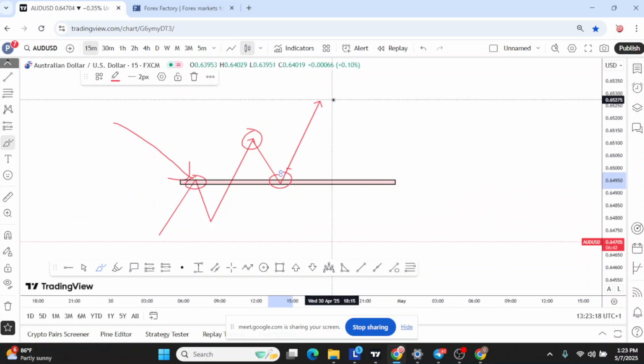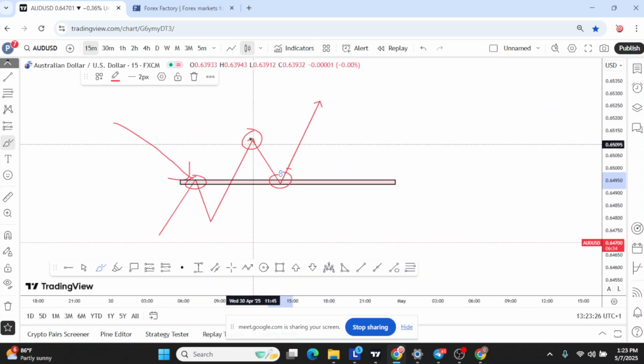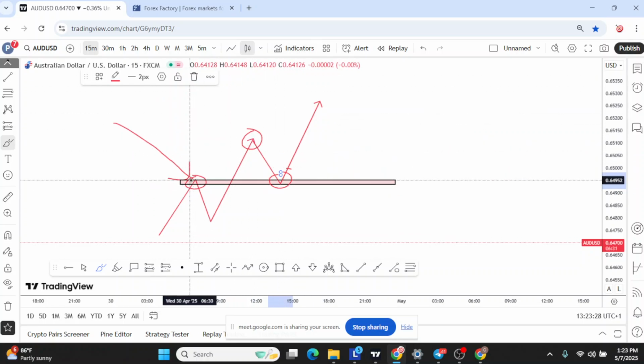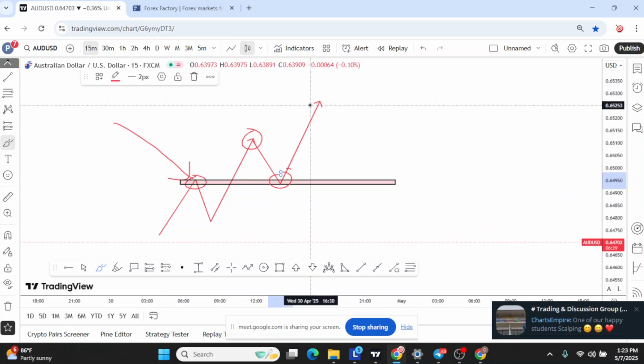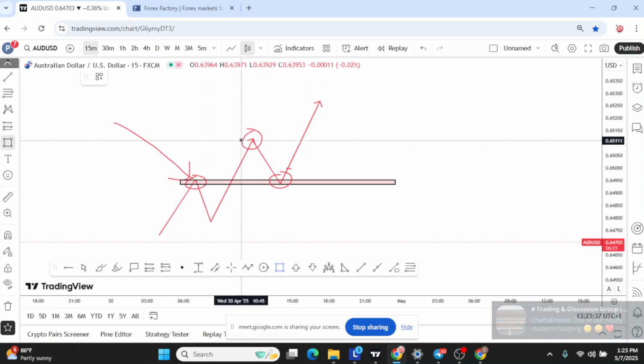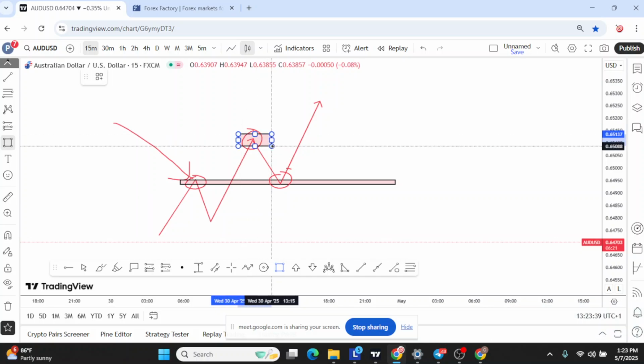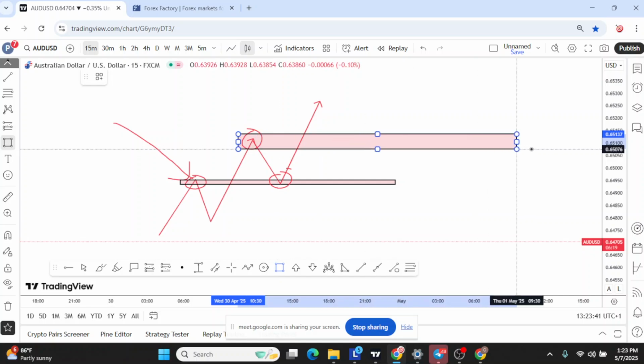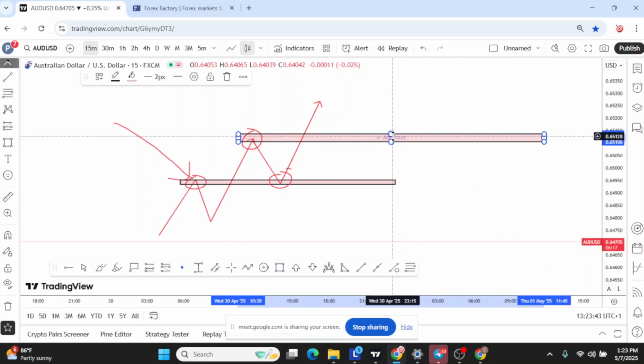What you want to do here again is to mark the previous high. When price was here, this is the previous high. Now price is here, the previous high is this point. So you want to bring your rectangle tool again, mark the new previous high and also extend it further.